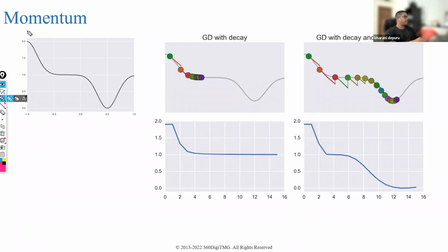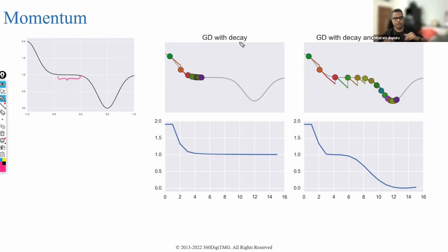If you have a loss surface like this, and if you are minimizing the loss, and if you reach this surface which is flat, what happens? If you have gradient descent with a decay parameter, we discussed decay parameters, that is, changing or shrinking the learning rate.